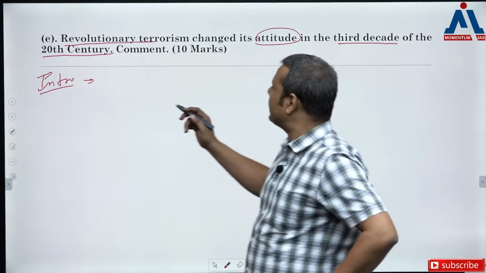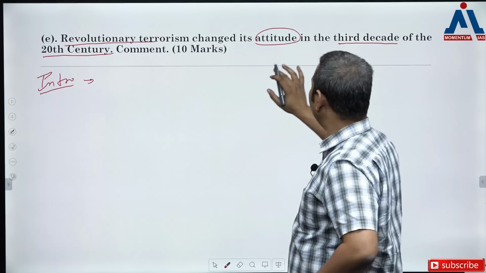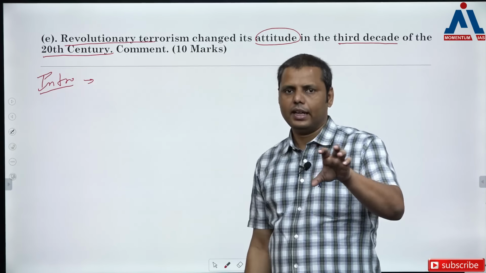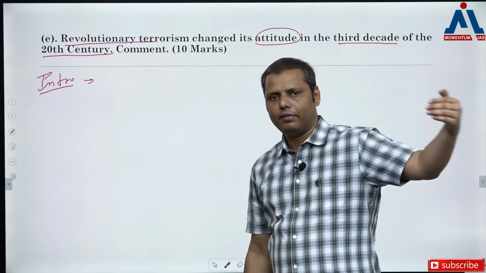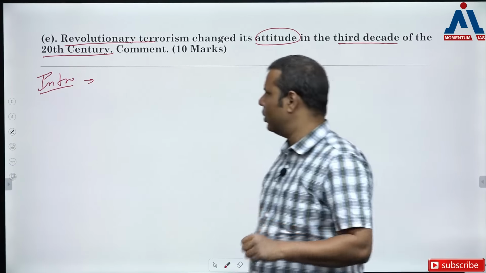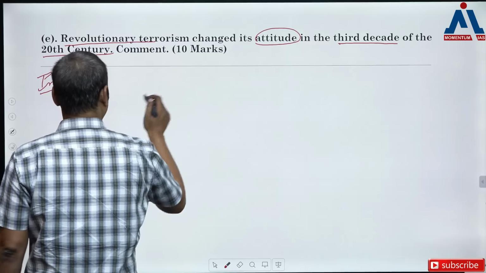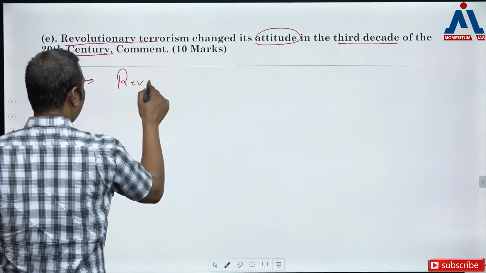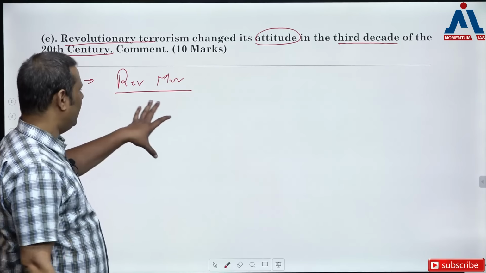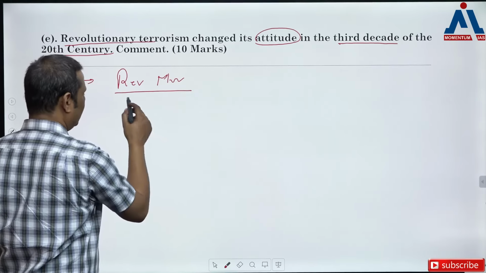Okay. So yes, it was revolutionary terrorism changing its attitude. So it's a comparative question. It's asking you to compare the first phase with the second phase, and that's why you can't ignore writing about this. So you'll write a brief introduction of the revolutionary movement in India, and you start with the first phase also.